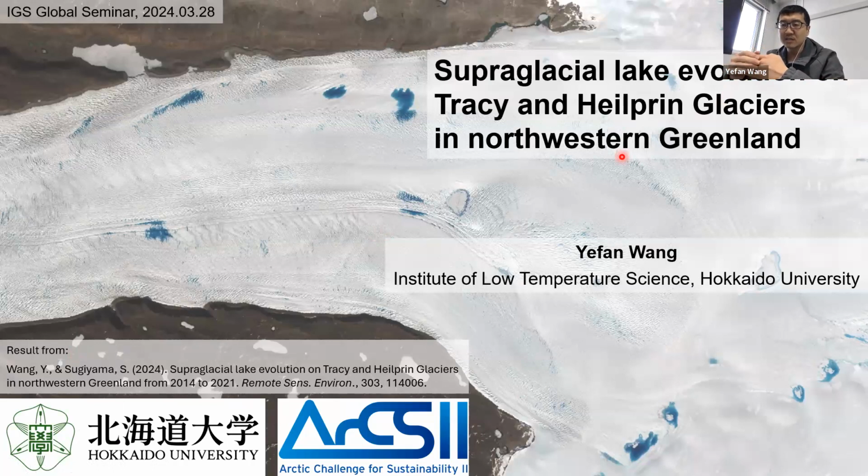This is from our paper just published in Remote Sensing of Environment this year. This work was done by me and my advisor, Professor Chien Hwa, and was funded by the Japan Arctic Challenge for Sustainability, the phase 2 project. Special thanks for this project.